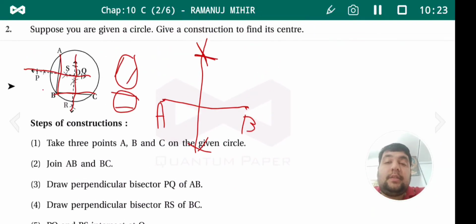This is a construction which was also in the previous year's board exam, but the question has a small change. The question was, I think, a bangle. Take a bangle and find the center of that bangle. It was the question in the board exam.